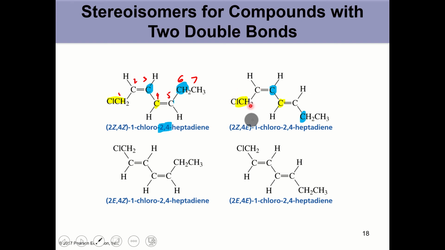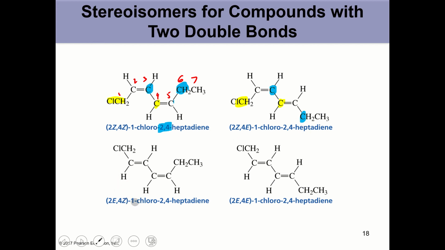So for example, between carbon 2 and 3, the pi bond has the Z designation because it has the same orientation as the first molecule, but the ethyl and the hydrogen are switched. Now we have the second pi bond as the E configuration.